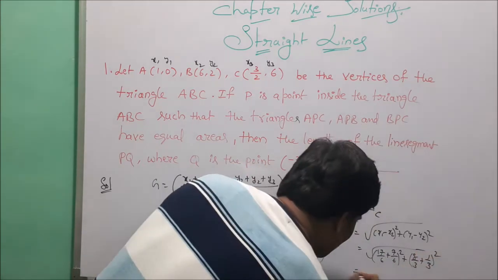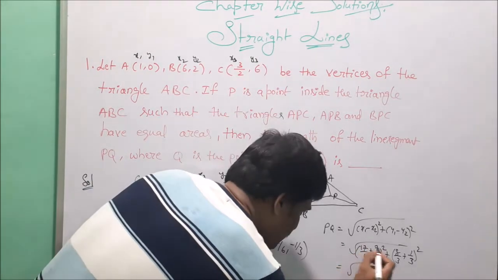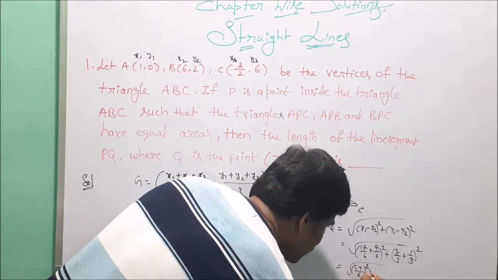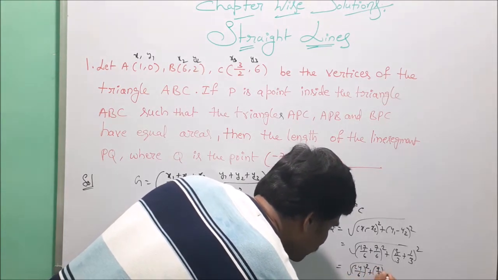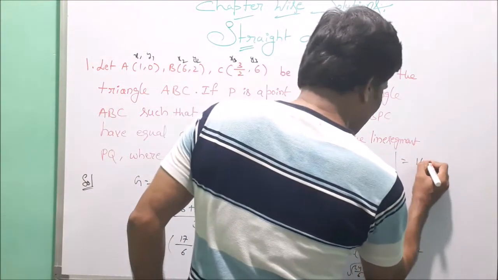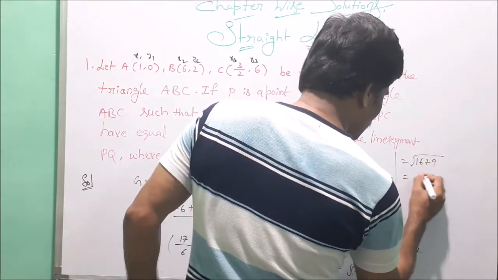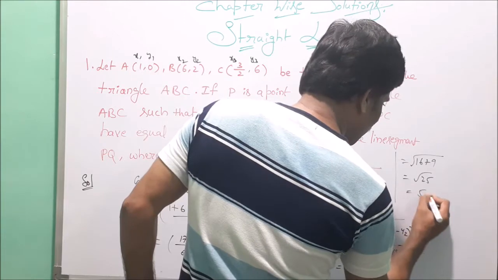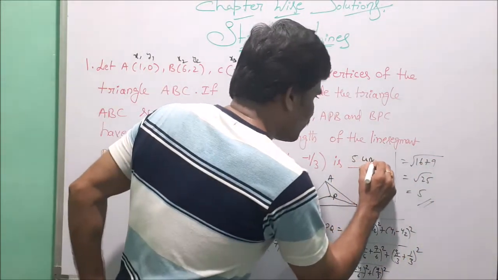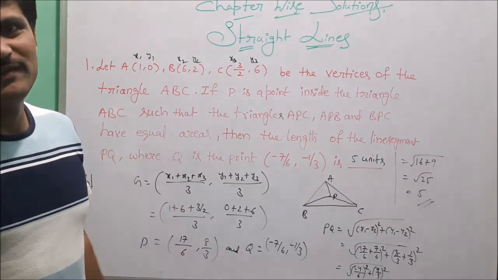Now it can simplify: 17 plus 7 is 24 by 6 whole square plus 9 by 3 whole square. That equals 24 by 6 is 4, square 16, plus 9 by 3 is 3, square 9. That is 25, so the root is 5. So the length of PQ equals 5 units. Now the solution is 5 units. This question is an integer type question.